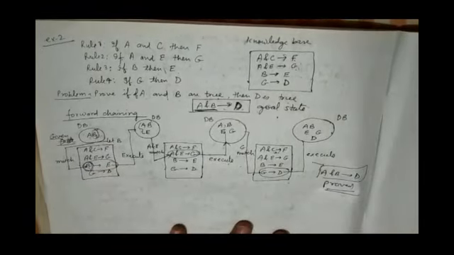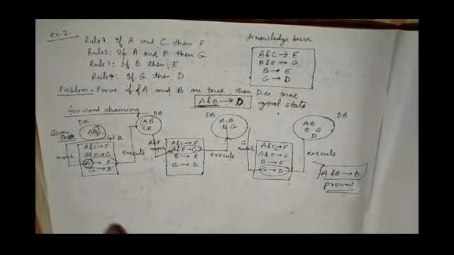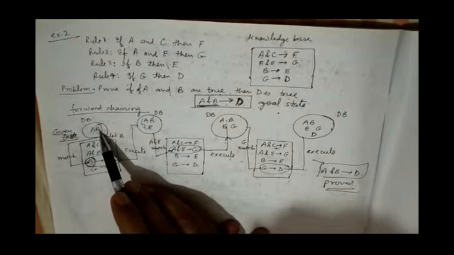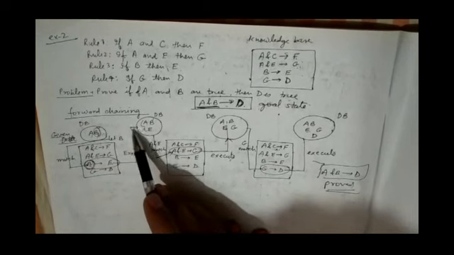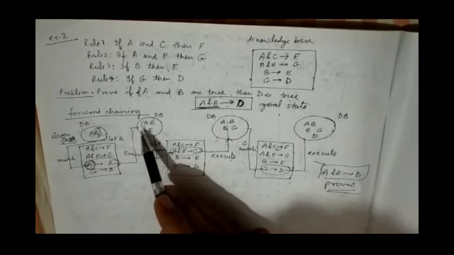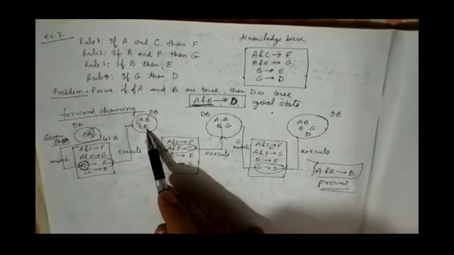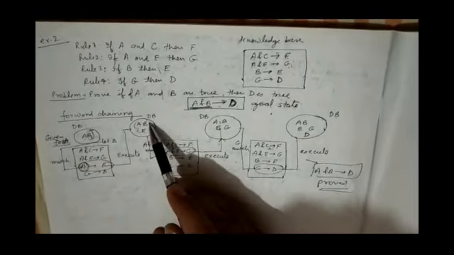It says that B derives E. So based on this fact B, we are getting E. So we execute this one, and our database will have A and B, along with E added over here by using this inference rule.